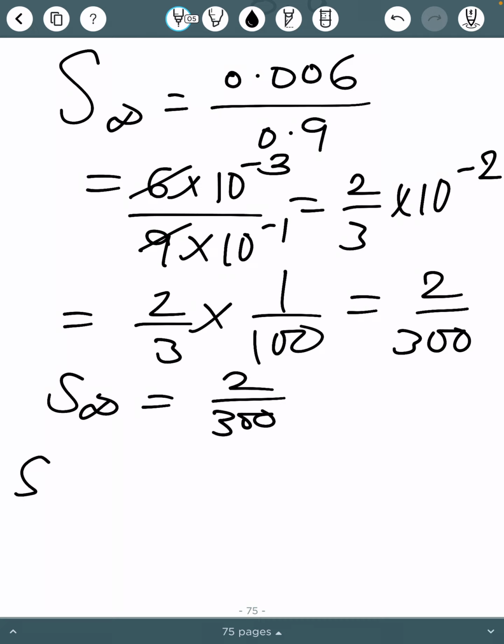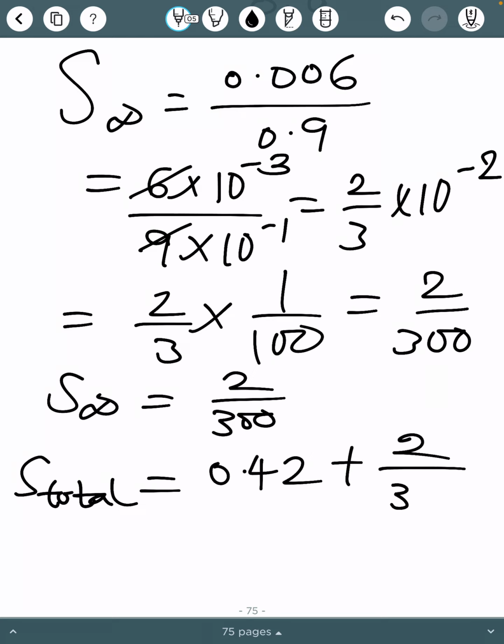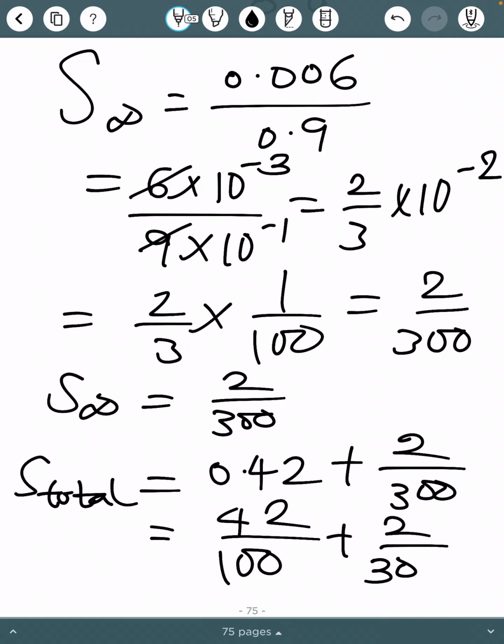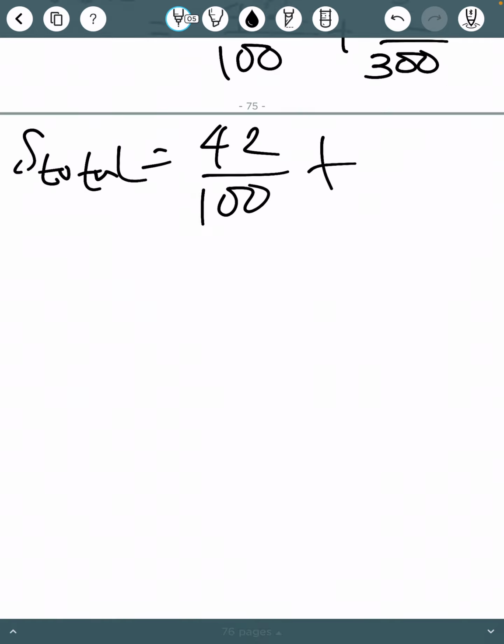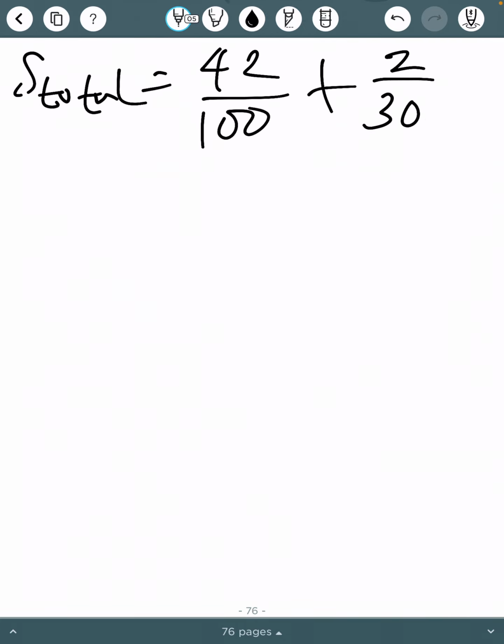Now, my total for the value of my fraction is going to be 0.42 plus 2 over 300. So that's going to give me 42 over 100 plus 2 over 300.